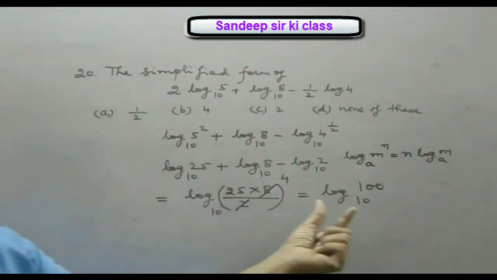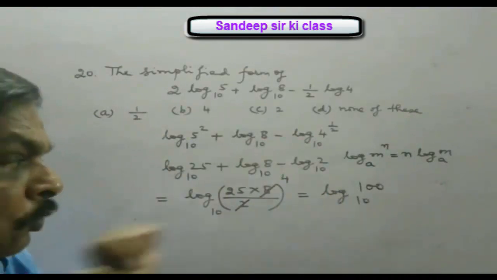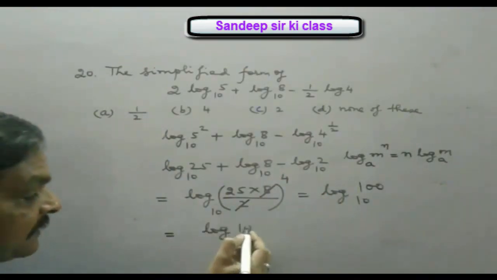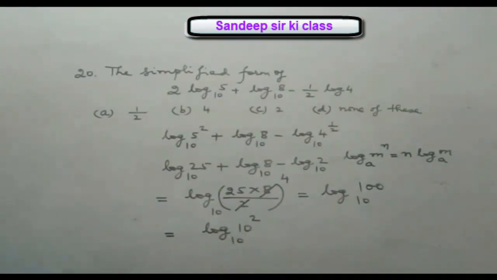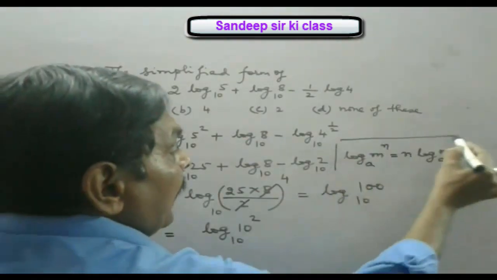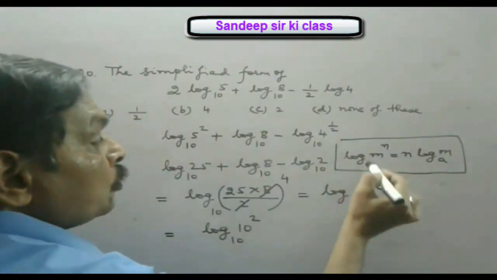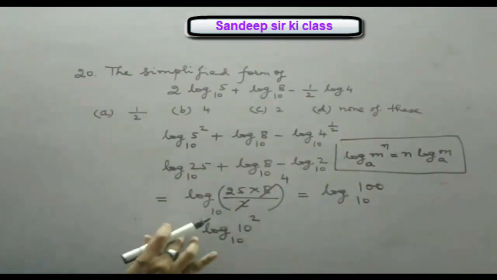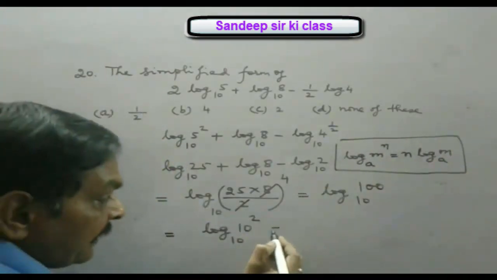Now log 100 can be written as 10 to the power 2. So I am writing log 100 as log 10 to the power 2 to the base 10. Again with the formula log m raised to the power n to the base a is n log m to the base a, 2 will come ahead under multiplication.